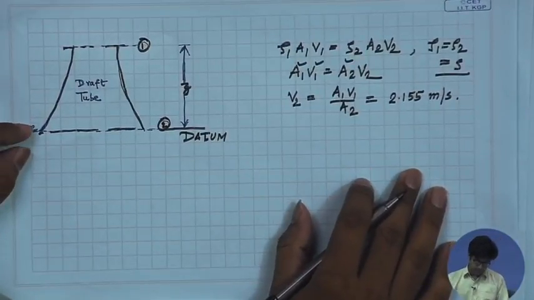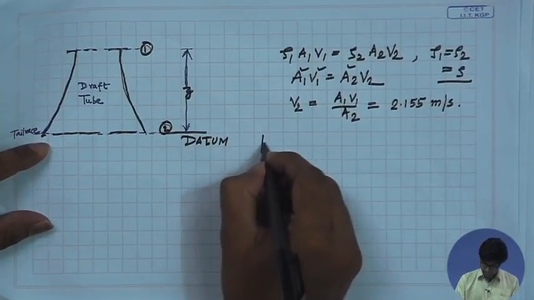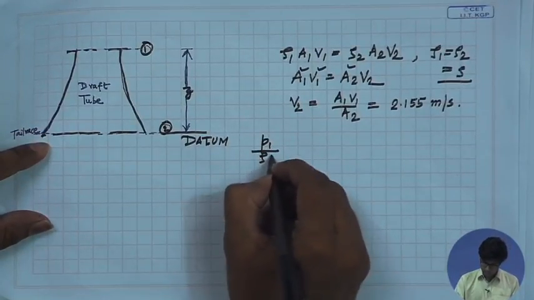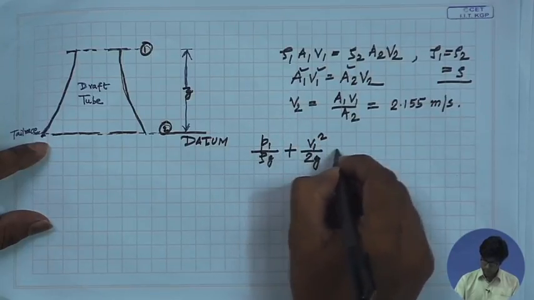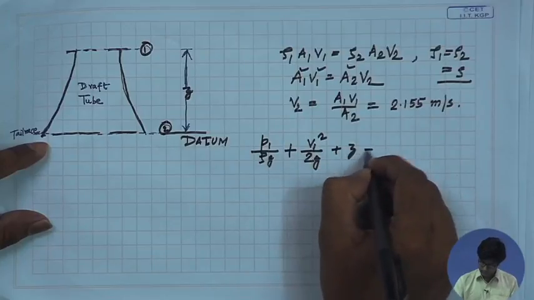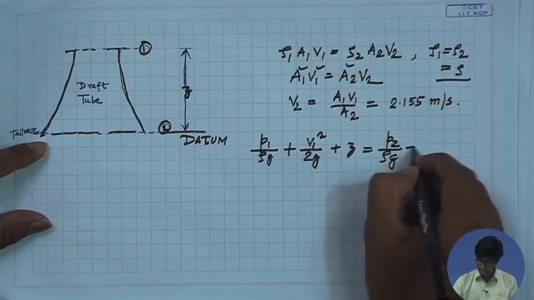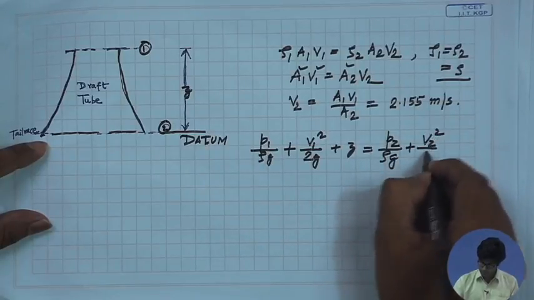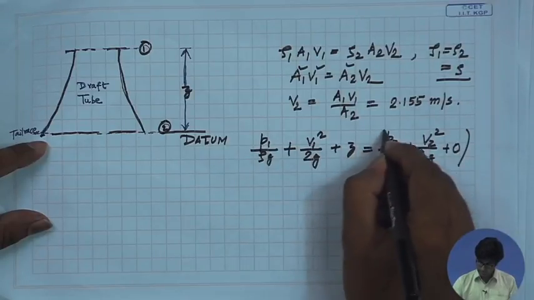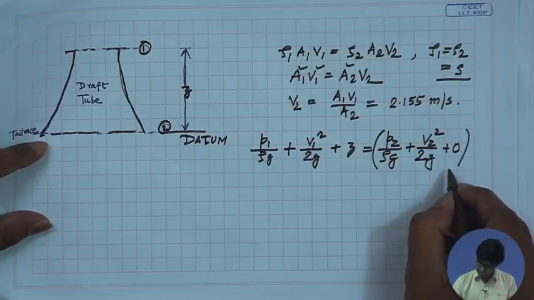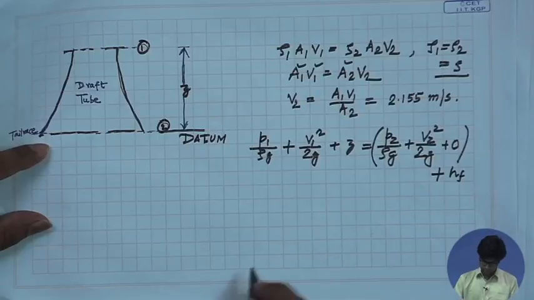Now let us apply Bernoulli's equation between section 1 and section 2. We can write P1 by rho g, the pressure head, plus the velocity head at the inlet, plus the potential head, is equal to P2 by rho g plus V2 square by 2g, plus, since we are considering the datum at section 2 itself, the elevation is 0, plus the head lost, which is Hf.